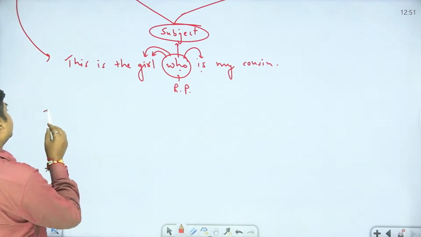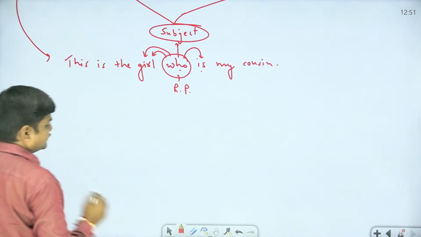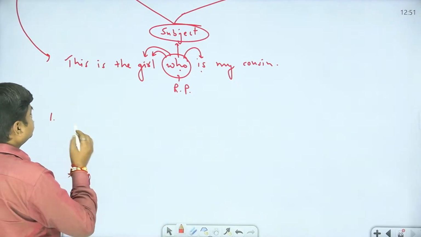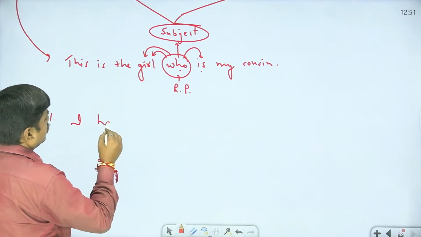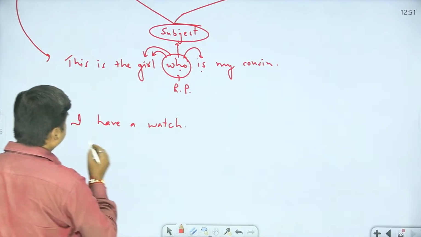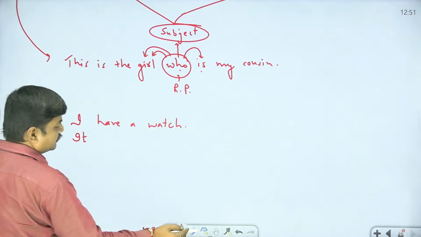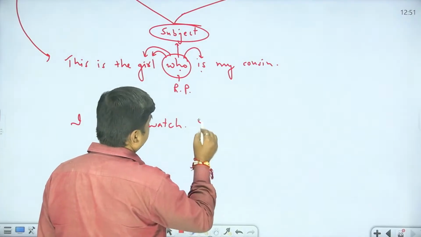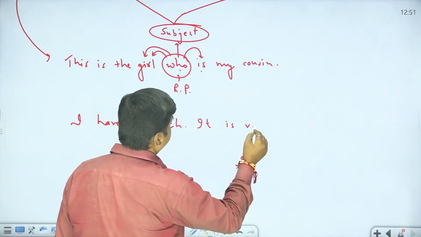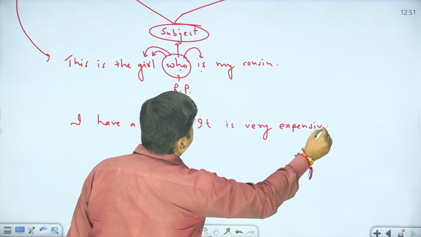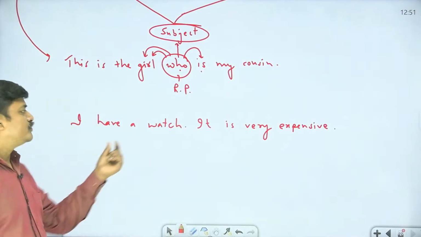Again, suppose that there are sentences like this. I have a watch. It is very expensive. Now, there are two sentences.